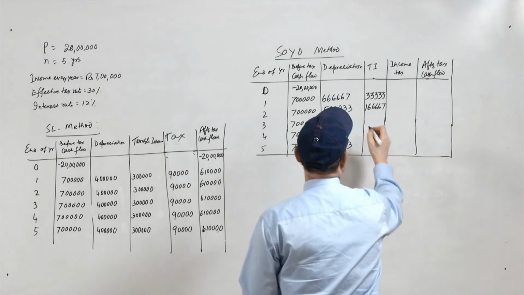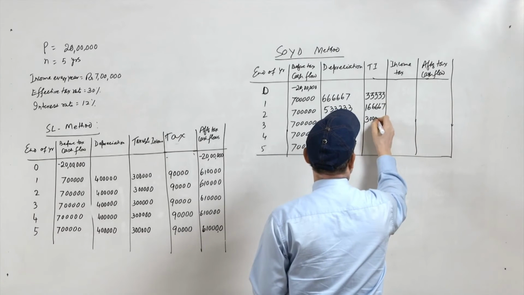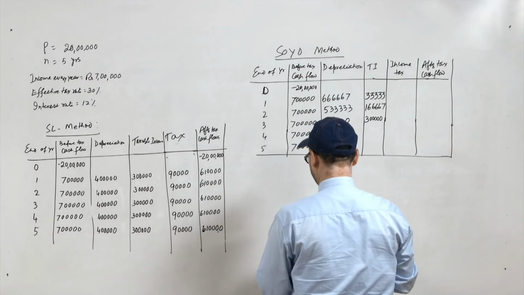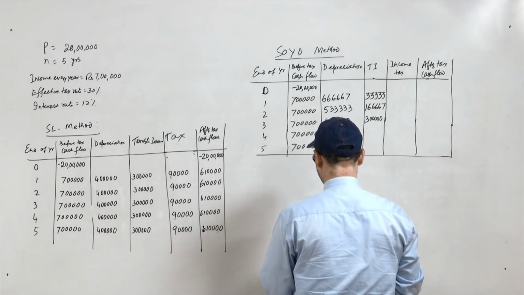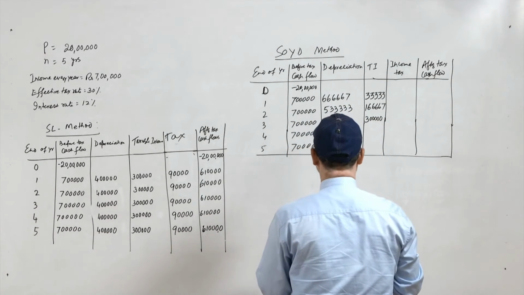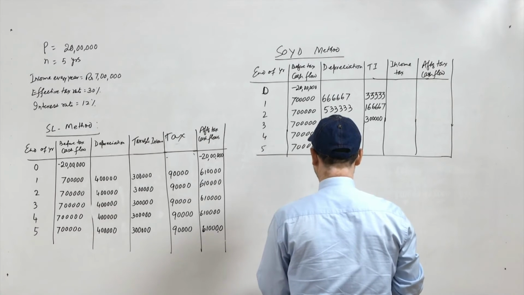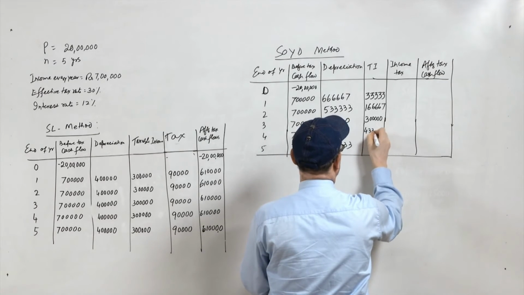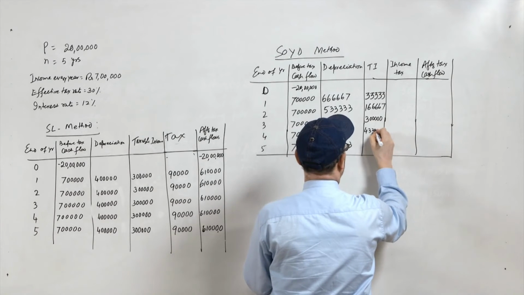Then 3 lakhs. Then minus 2,66,667 gives 4,33,333.